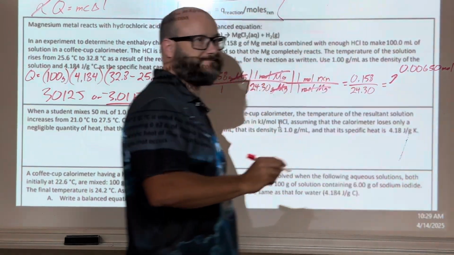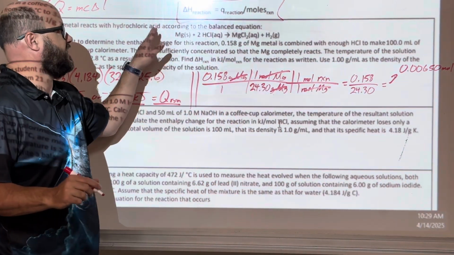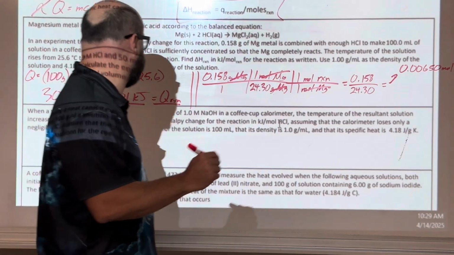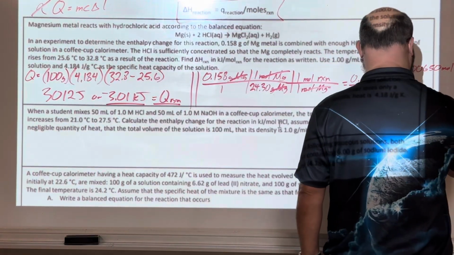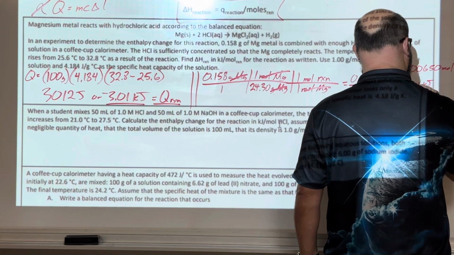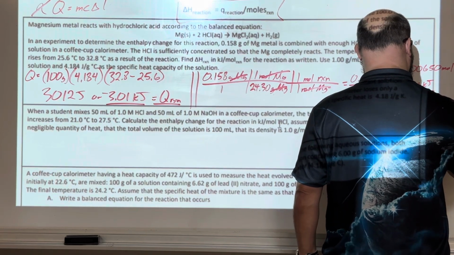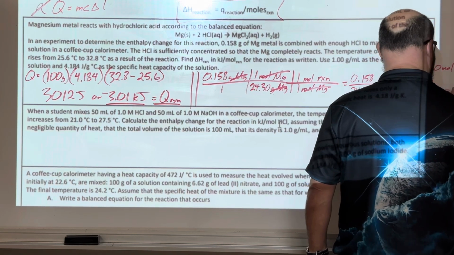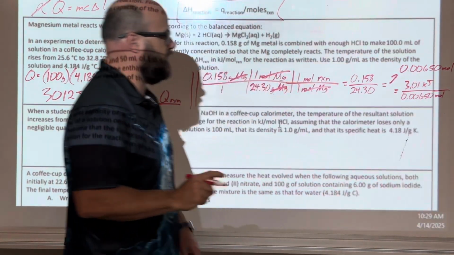Moles. Our formula says Q of the reaction divided by moles of the reaction. So we're going to take 3.01 kilojoules divided by that number we just got.